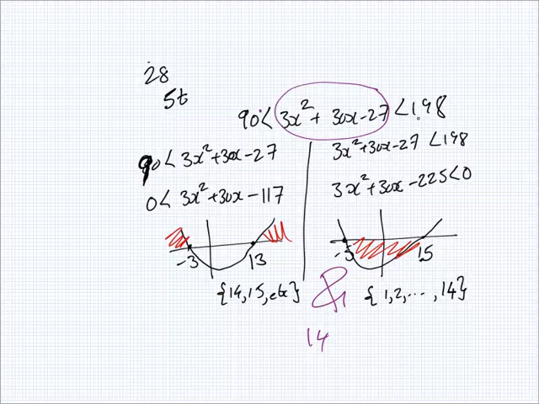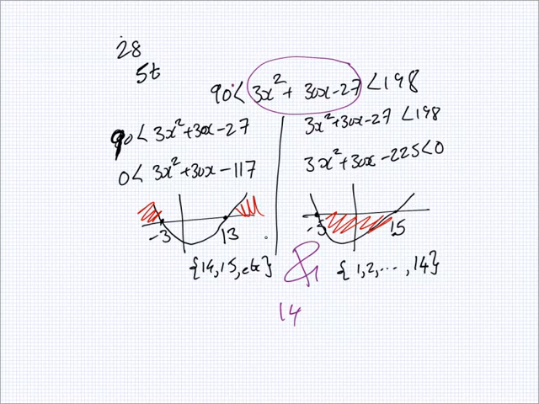Yeah, but the answer is 4. Are you sure? Yep, that's what I got. And you got 14? No, I got 4, because x is greater than 3 and x is less than 5.